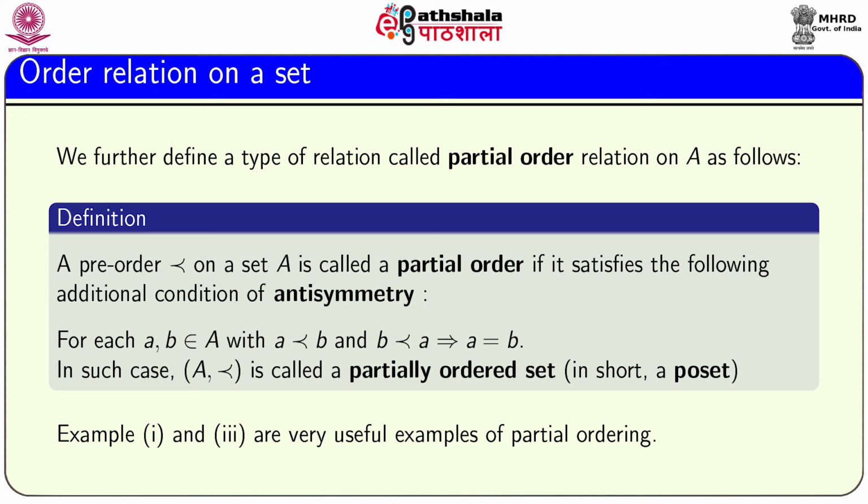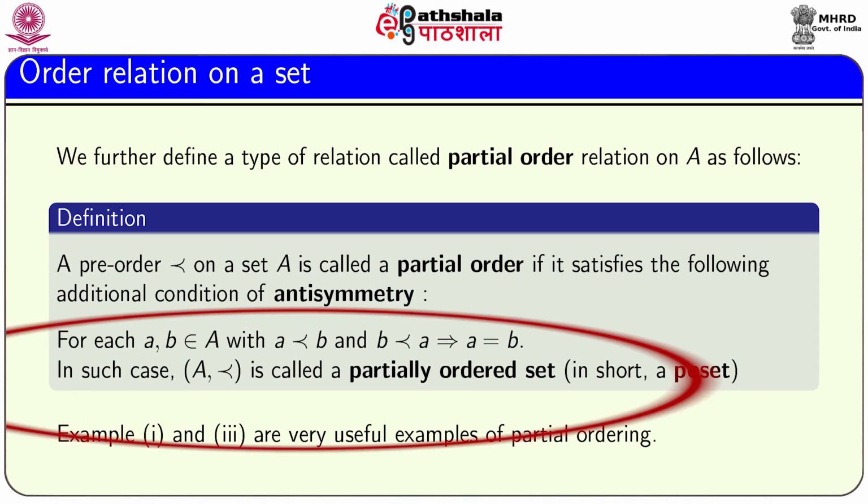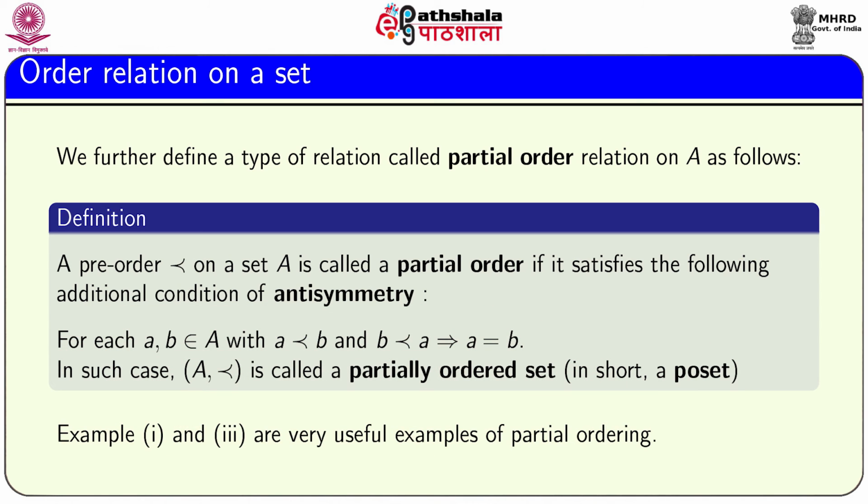The condition of antisymmetry says that whenever two points a and b are taken from A, a is related to b and b is related to a will imply that a is equal to b. And in such case, the set A together with that partial order is called a partially ordered set or a poset.